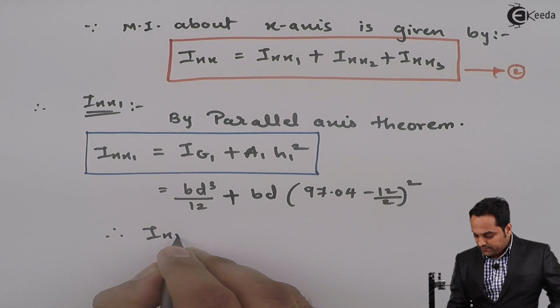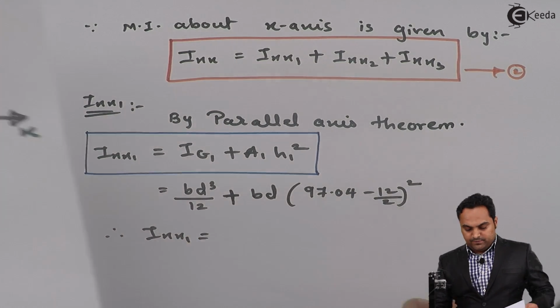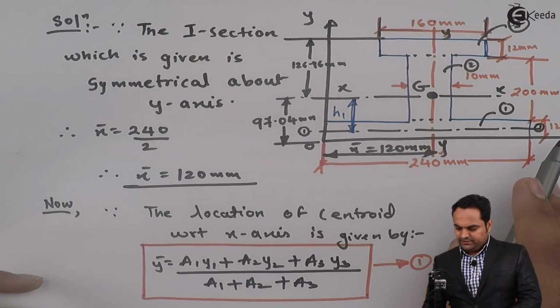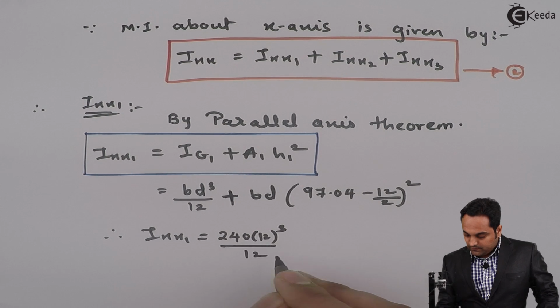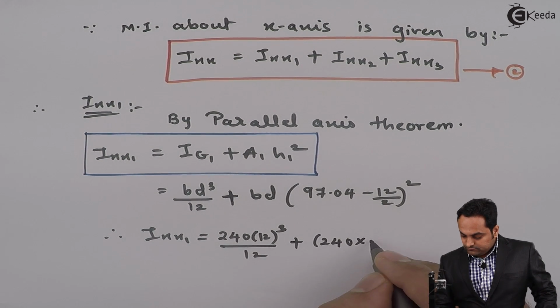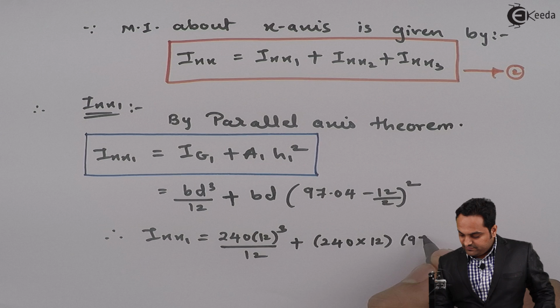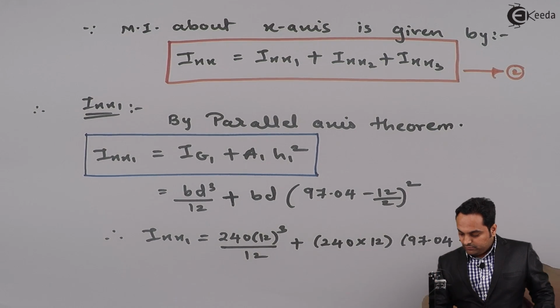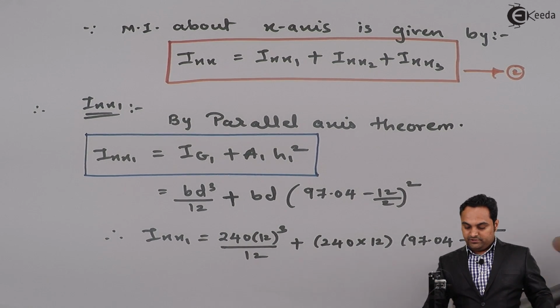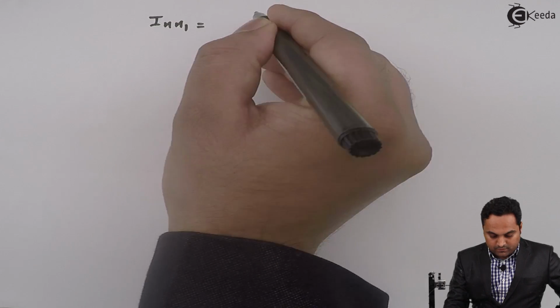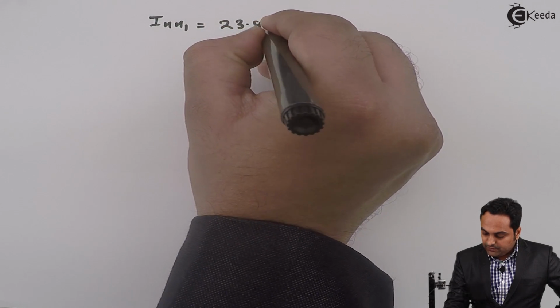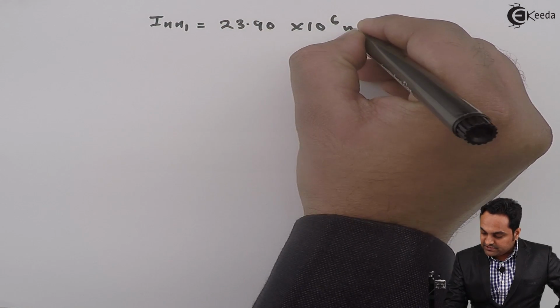So Ixx1 will be, here B and D values, B is 240, D is 12. Putting the values, this will be 97.04 minus 6 whole square. So from this, if we calculate, the value of Ixx1 will be 23.90 into 10 raised to 6 mm raised to 4.